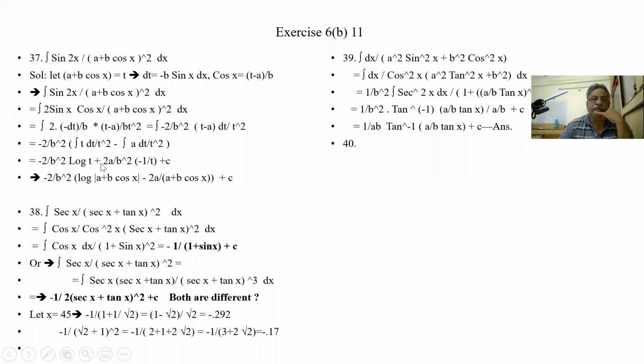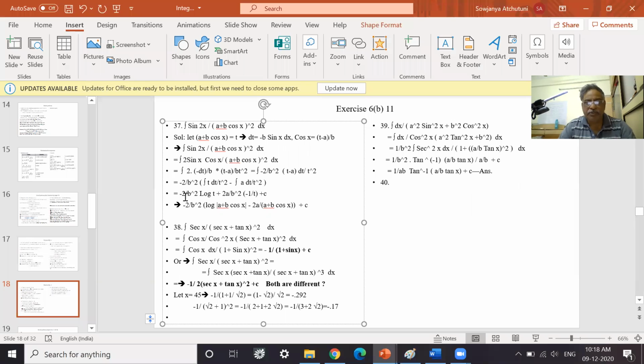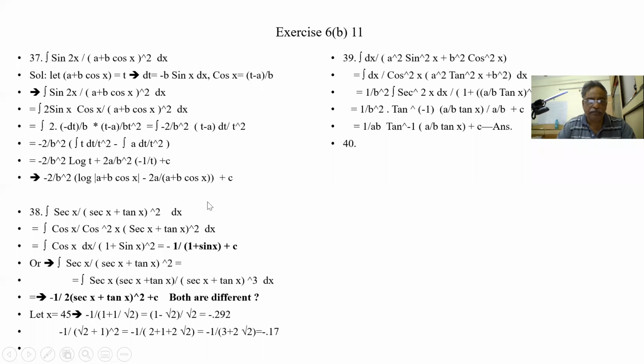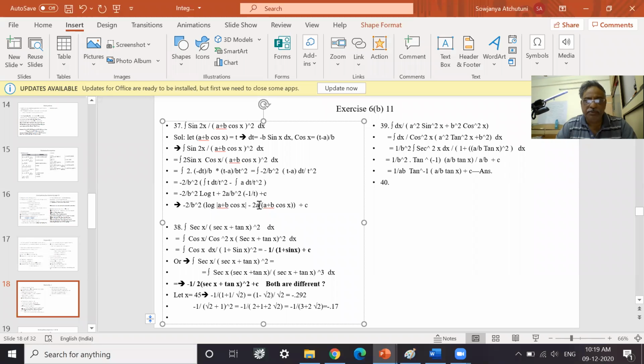Minus 2 into minus 2a, so it becomes plus. So already minus 2 is taken, minus of minus becoming plus here. Anyway. Here b square is missing.